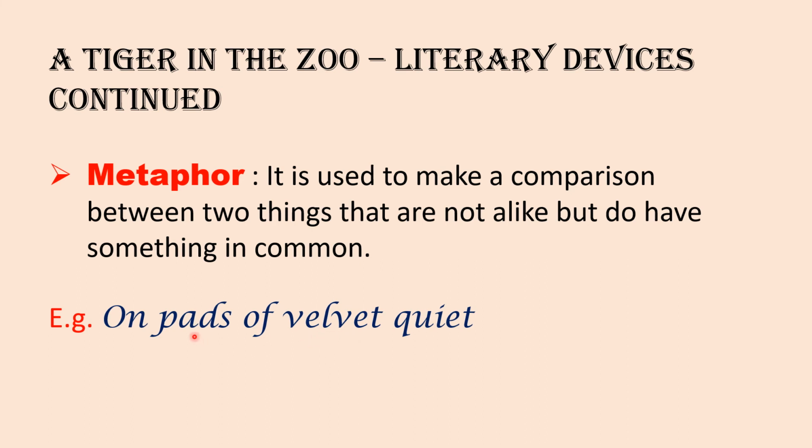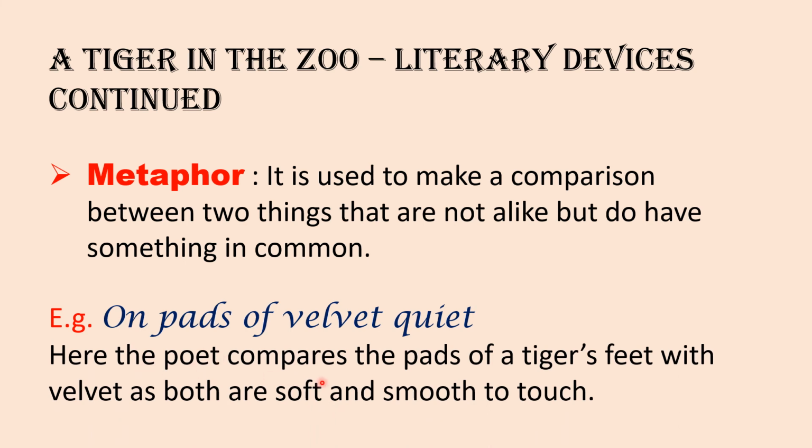Now these pads are made of flesh, while velvet is made of silk. So they are not alike, they are not the same, but their qualities are the same. Velvet is soft and smooth, whereas pads are also soft and smooth. So here the poet compares the pads of a tiger's feet with velvet, as both are soft and smooth to touch. Let's go on to the next literary device.